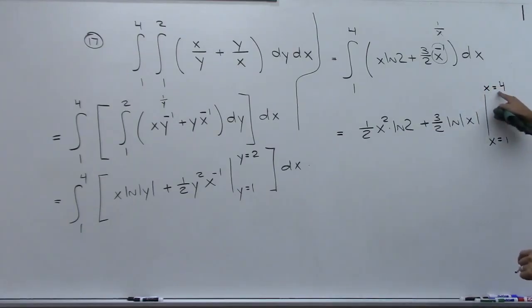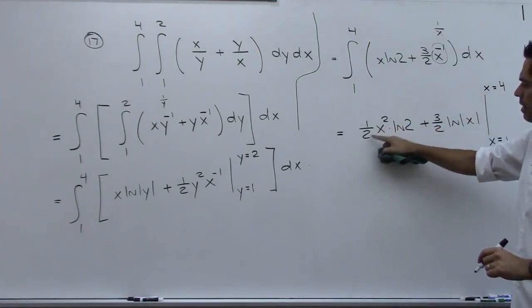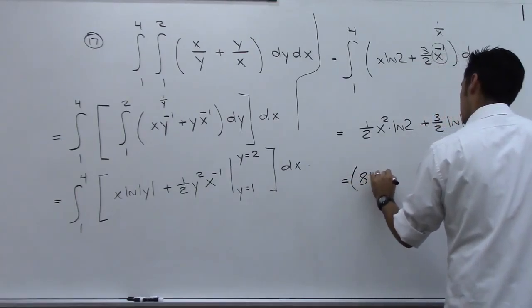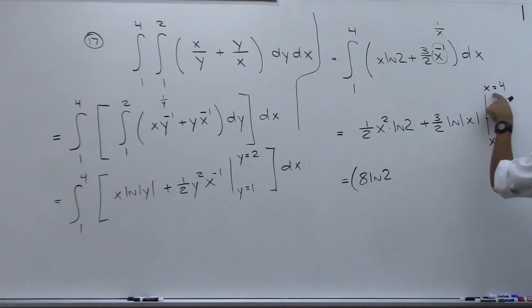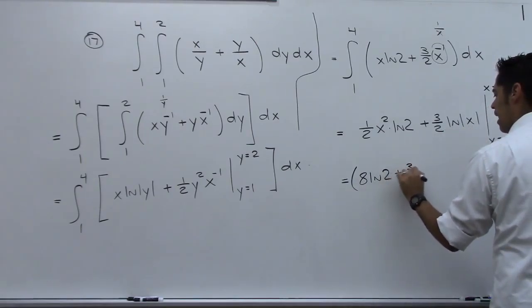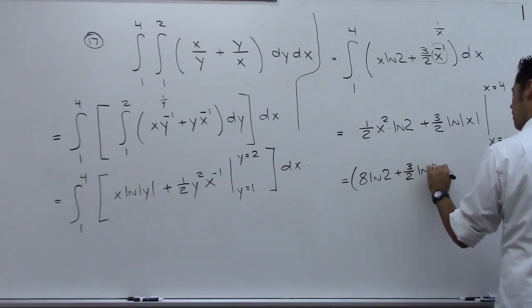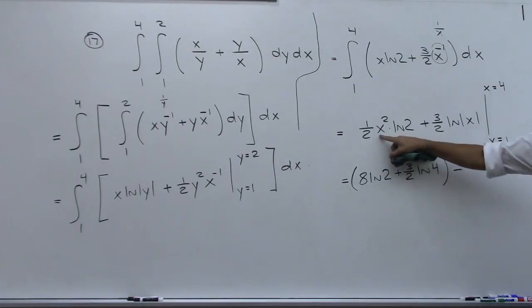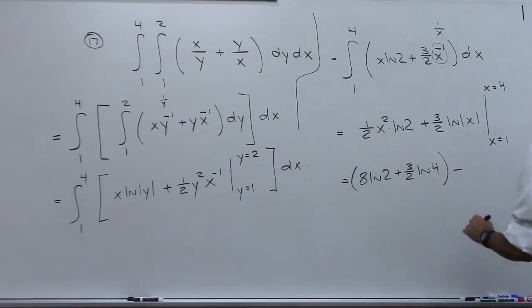Okay, let's plug in 4 here. 4 squared is 16, half of 16 is 8. So I get 8 natural log 2. If I plug in 4 here, I get natural log of 4 times 3/2, so plus 3/2 natural log 4. Minus, I plug in 1 here for x. I just get 1/2 natural log 2.